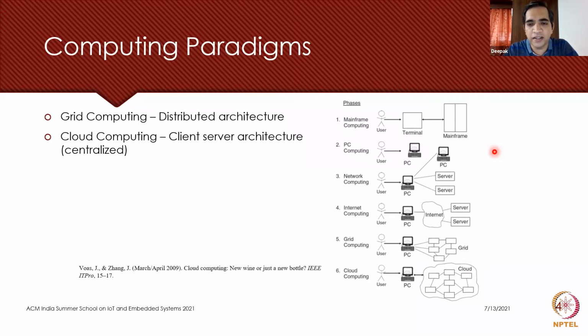You may think that it kind of is similar to mainframe computing, but one of the key differences is that the amount of resources that are available in cloud computing are much larger in comparison to the mainframe computing phase.